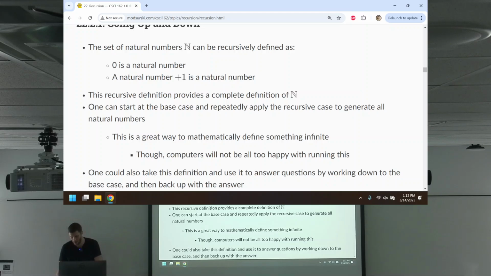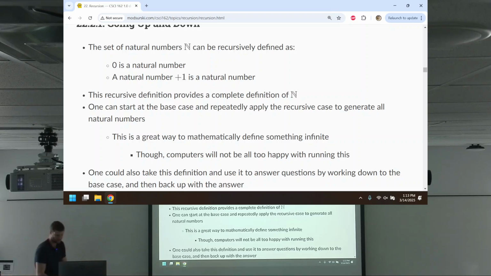So here's another key concept to follow. Let's think of the set of natural numbers. We can define these things recursively. With this recursive definition, we have a couple of ways to think about it. They are ultimately the exact same way, but you can think about it from two different directions. I can start with the base case of 0. Is 0 a natural number? Let's say it's a natural number.